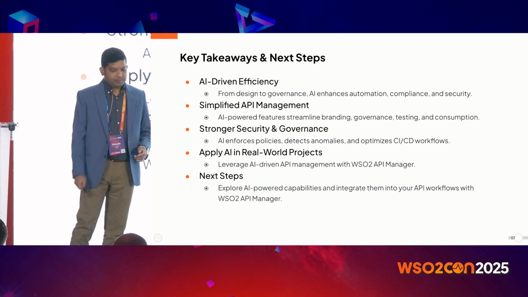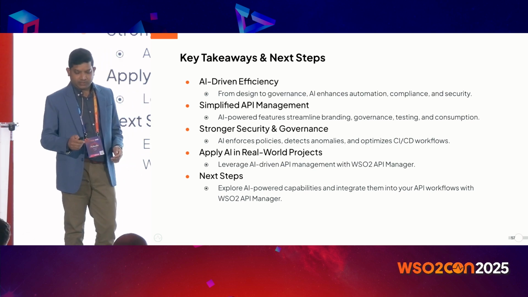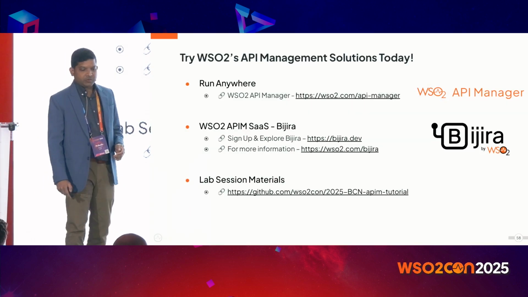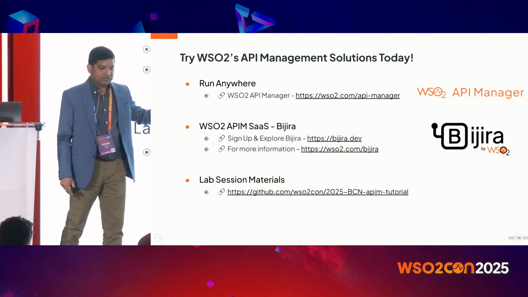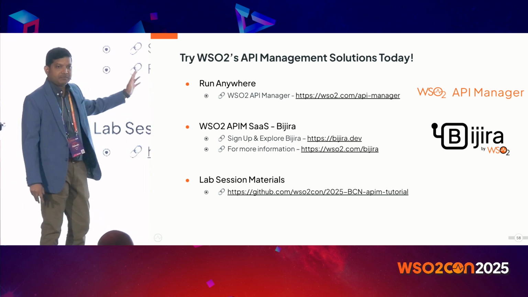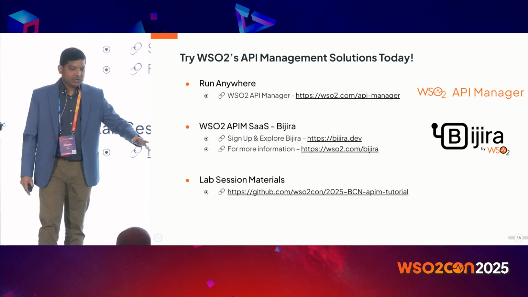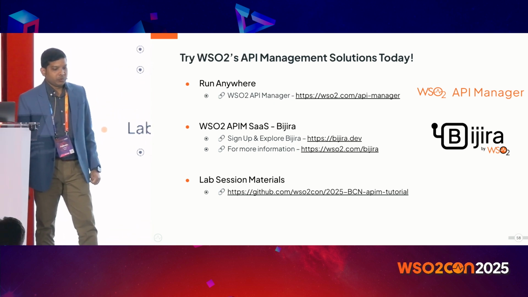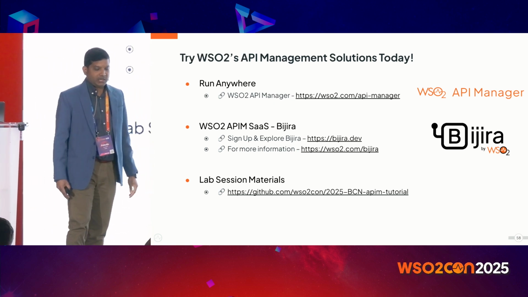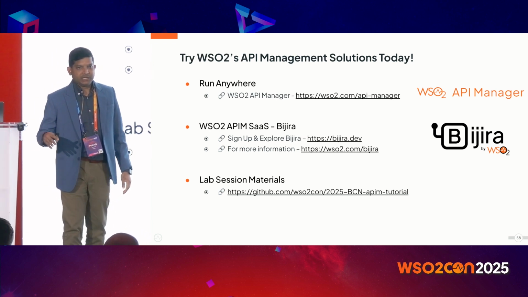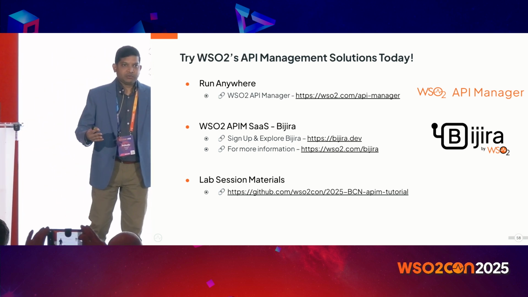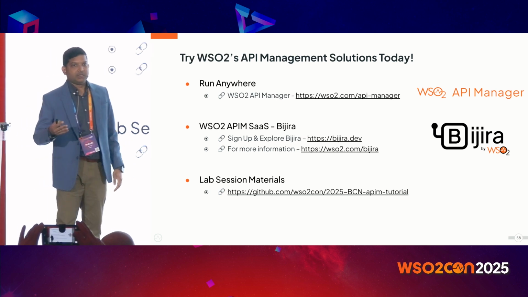So the next step would be to try this out on API management solutions. You can try WSO2 API Manager, which runs anywhere, and we have the cloud offering, which is bijira.dev. You can log in there and just try this out. We have released this as a beta, and we'll be announcing GA in a couple of weeks.